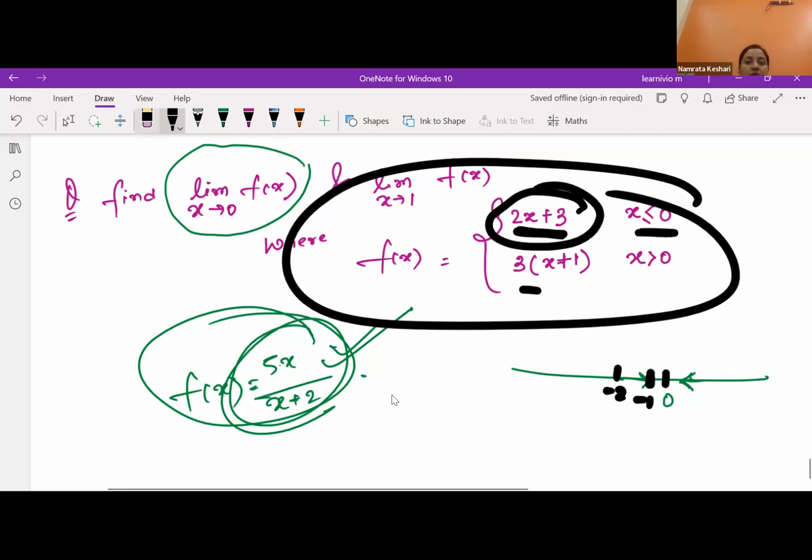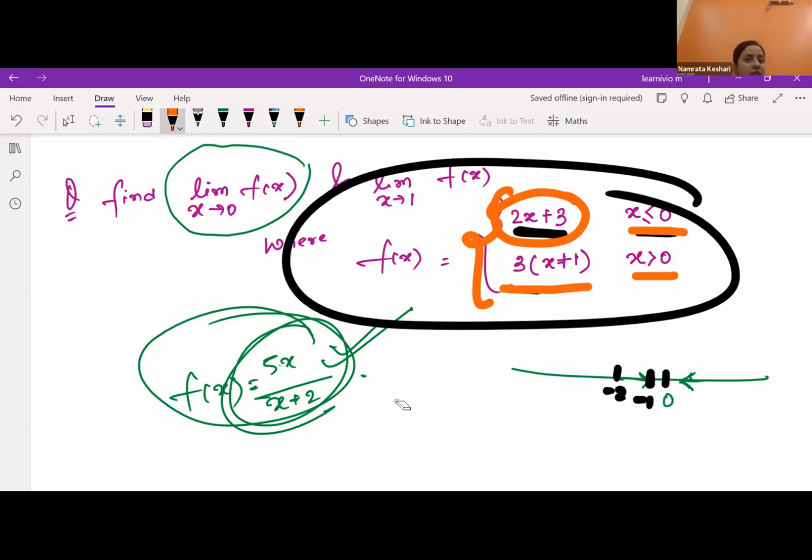And if our x is bigger than 0, it's not. Most of the time students are not that comfortable with this type of function. When the function is piecewise defined just like this, they start getting confused. Please be careful that this is just a simple situation: when your x is smaller than 0, use this as the function. When your x is bigger than 0, use this as the function. It's that simple. Making sense?